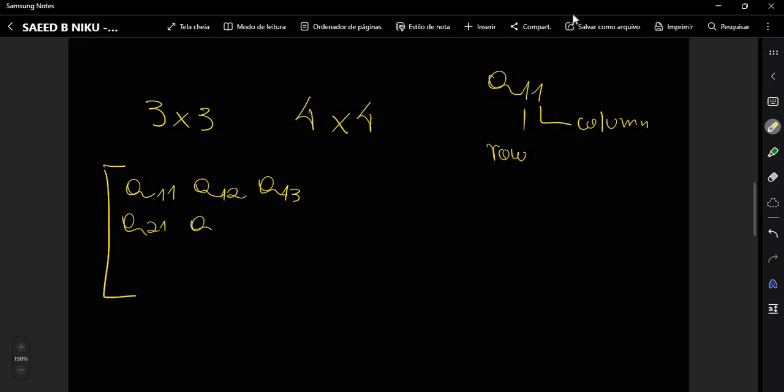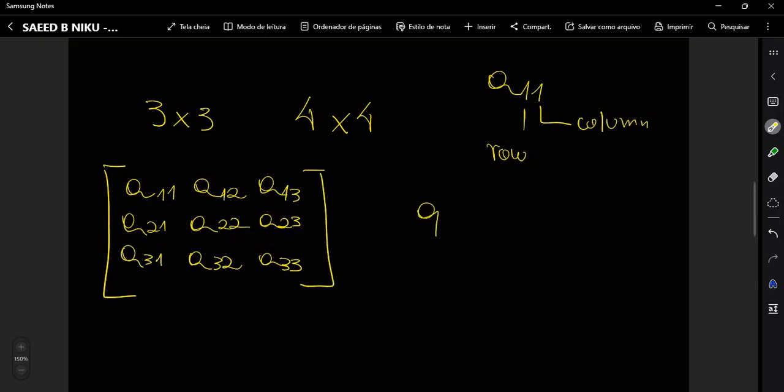Then A21, A22, A23, A31, which is the third row and the first column, A32, and A33.